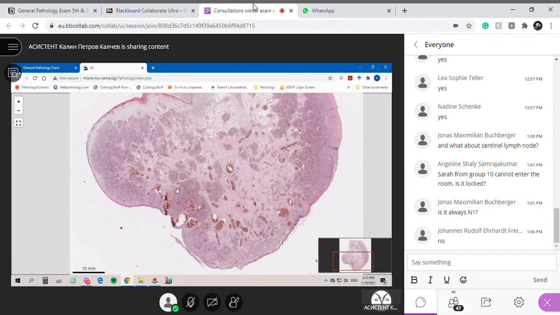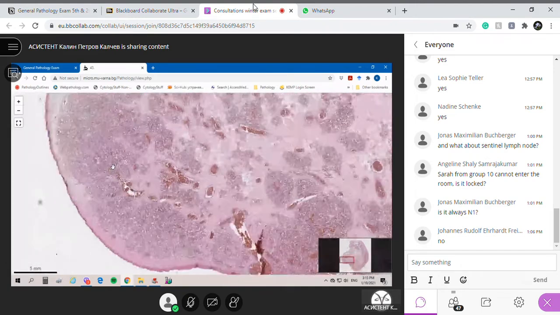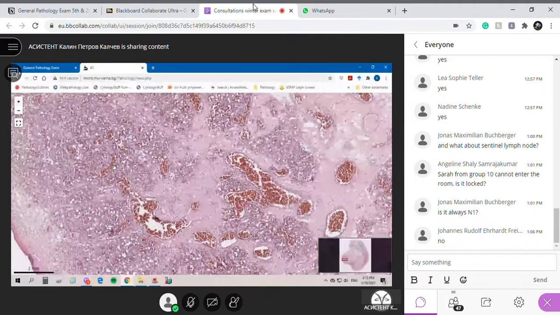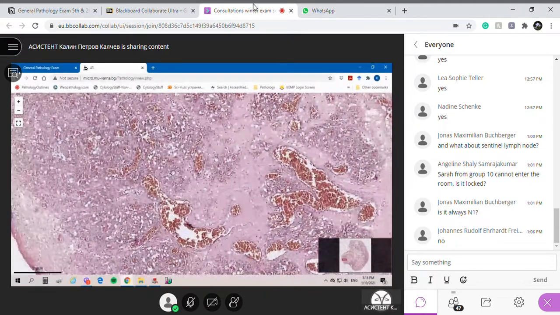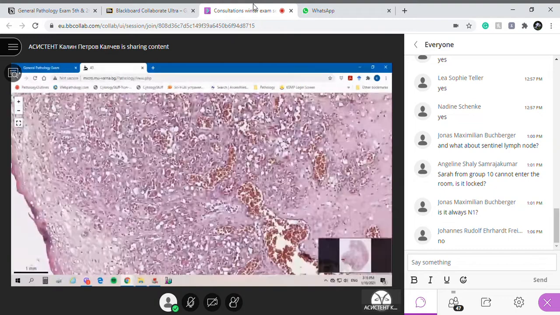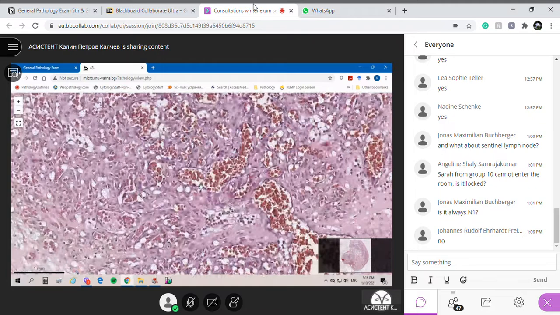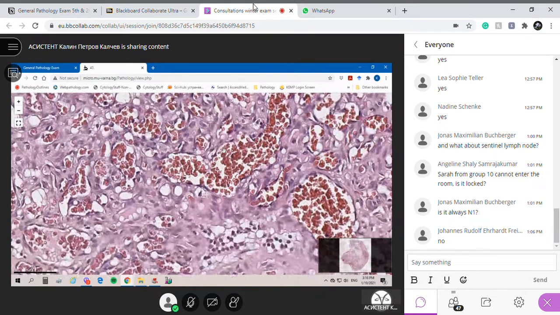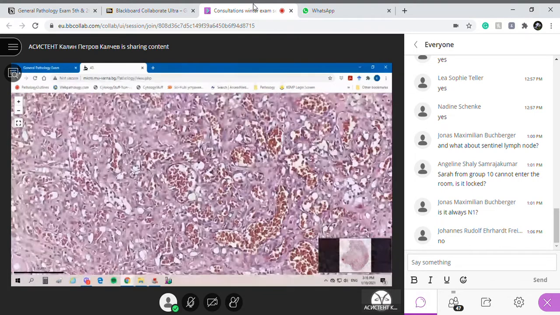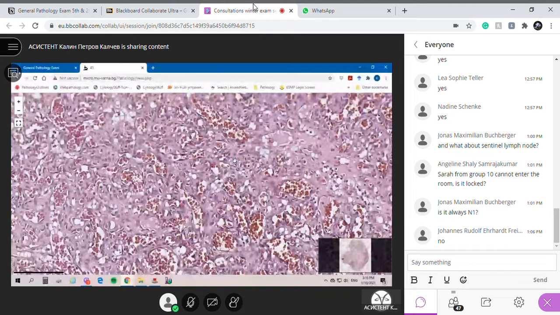And actually you see that this tumor is composed of these cells which make vascular structures. And these vascular structures are even full of blood. If you look closer, actually these vascular structures look very much like the granulation tissue, for example. But there is an element that is missing here.